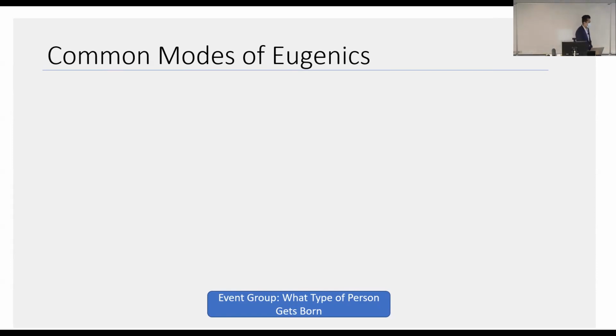The aggregation of these events determines which types of people get born. These events, individual events, are really just birth events. So E1 is, say, birth of a T individual. E2 is a birth of a T individual. E3 is the birth of an R individual.